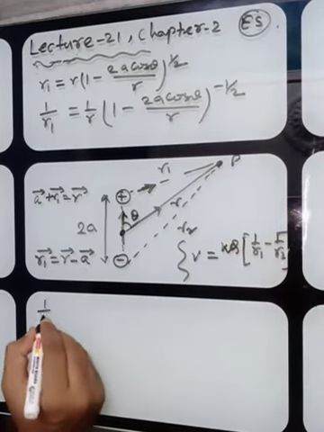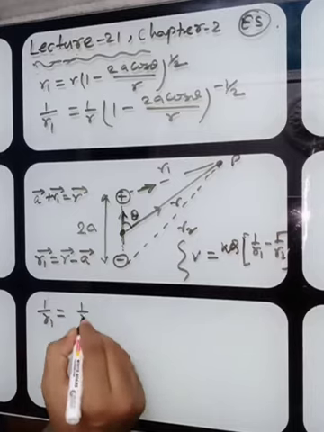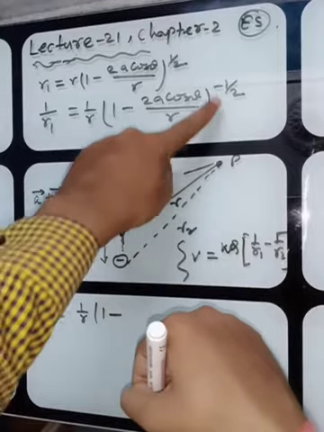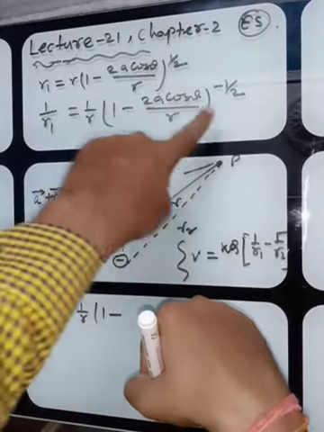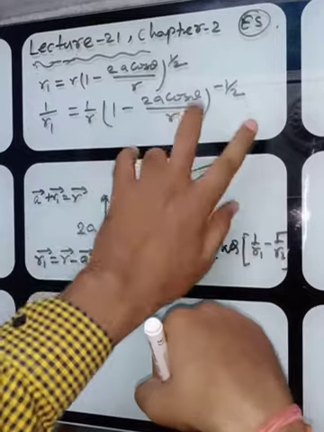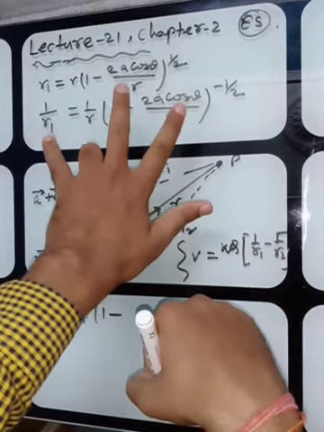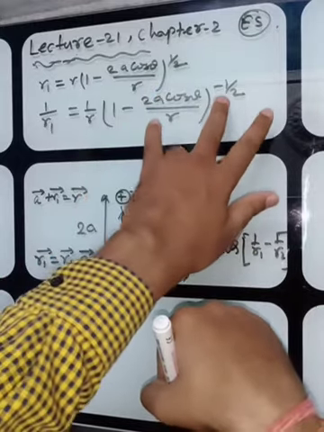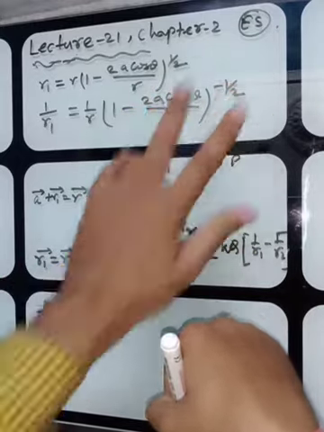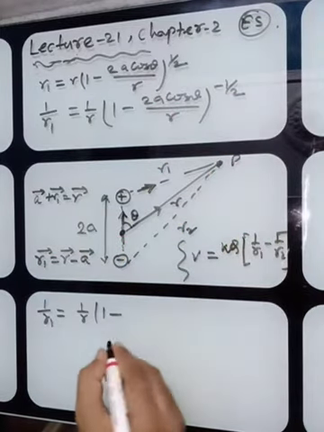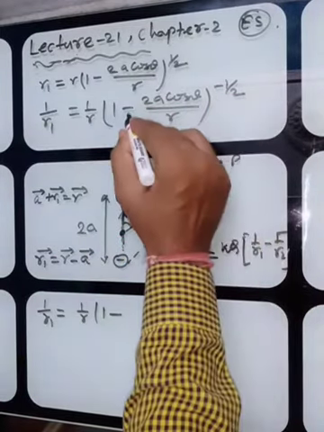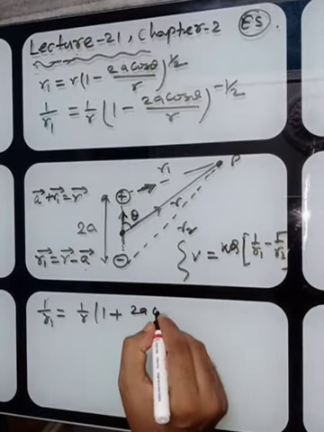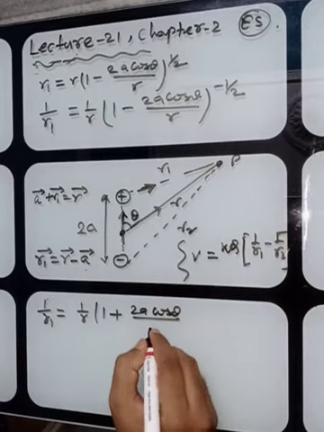Now 1 by R1 is 1 by R times 1 minus this quantity. If this quantity is much less than 1, then we can apply here the binomial expansion. You have studied already in mathematics. If it is a plus minus b and this a by b is much less than 1, then you can apply this expansion up to the first term and it can be written as minus, and this minus will multiply with this one, it will be plus, and 2A cos theta over 2R.